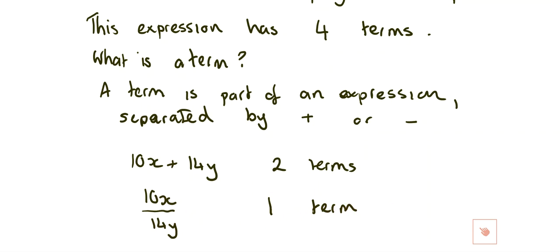So it's got to be separated by a plus or a minus, not a multiplication or a division. Why not multiplication? Well, 10x is a multiplication, right? But it's only 1 term. Written that down? Stay focused.